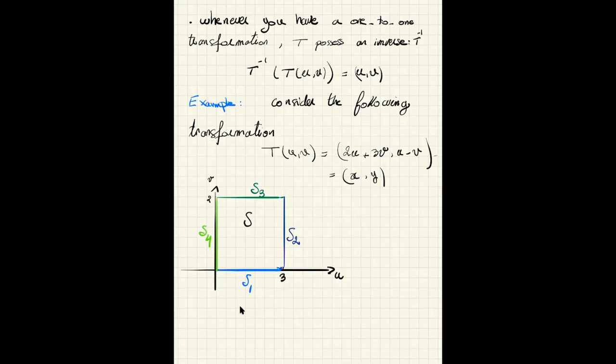Now when you transform this, this is the X-axis and this is the Y-axis.